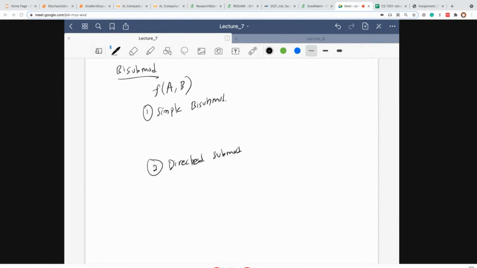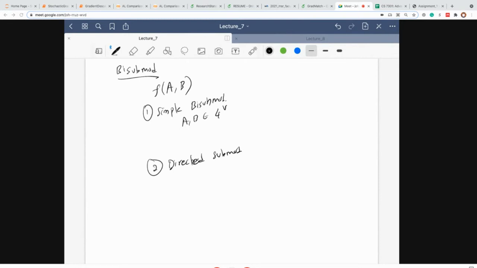Simple bisubmodularity is where you assume A and B belong to 4 raised to B, meaning you consider any possible subsets A and B. Whereas in the directed case, you make an additional assumption that A and B do not intersect.